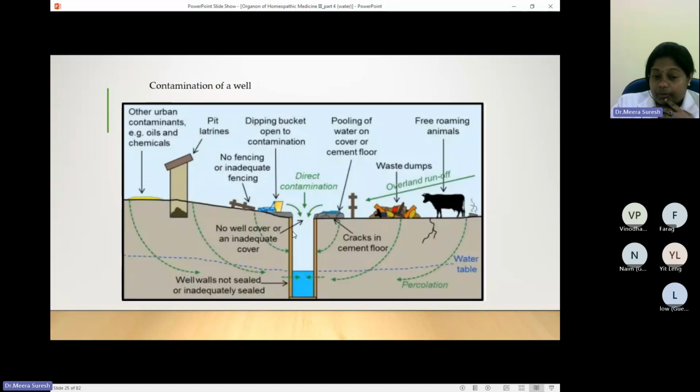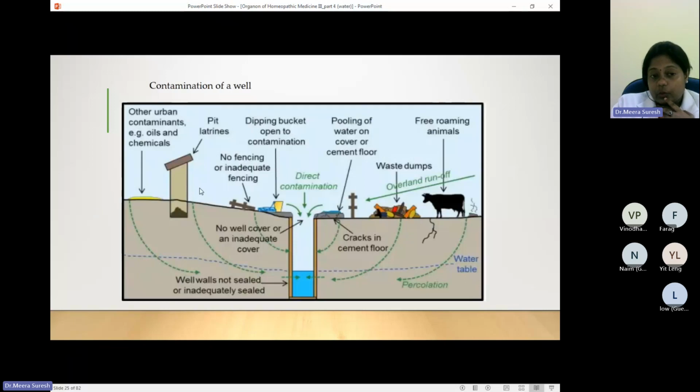If the water column is up to this level, people will directly put their own bucket in and take water, dipping their personal buckets into water used by a lot of people. There is no fencing or adequate protection, so people go very near to it.